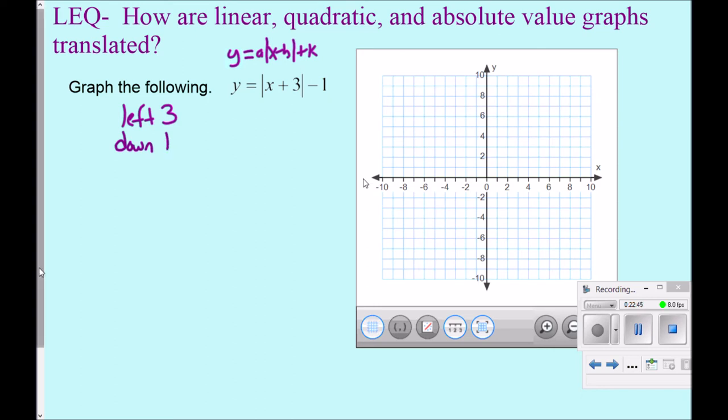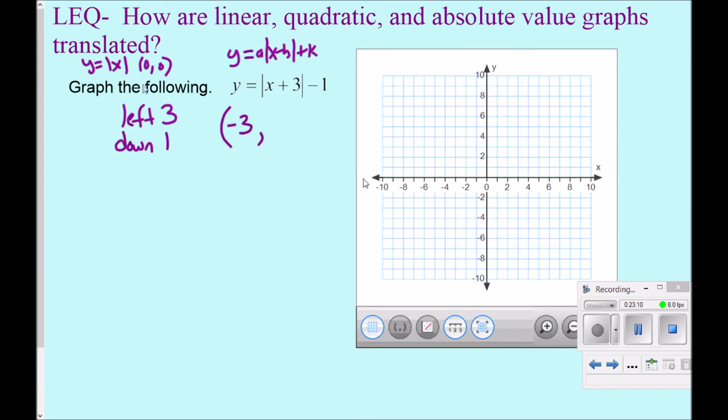So remember, our vertex starts with the most basic one, with y equals the absolute value of x. The vertex is at (0, 0). So if I'm starting at 0 for x and I'm going left 3, that takes me to -3. And you can look at the graph if you need to. Starting at (0, 0), left 1, 2, 3 takes me to -3.